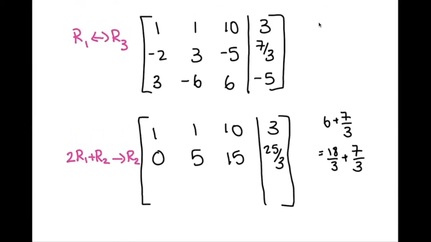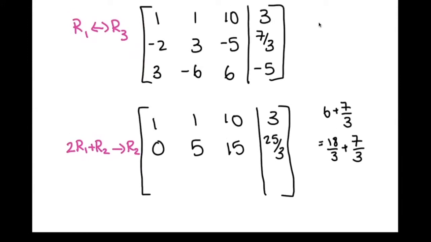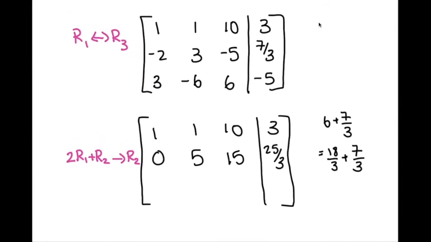Now for our next row, we want to get rid of this 3. We want to make that a 0 using the 1. So if I multiply 1 by -3 and add it here, that will take care of that. So here we have -3 times row 1 plus row 3, put it where row 3 is.